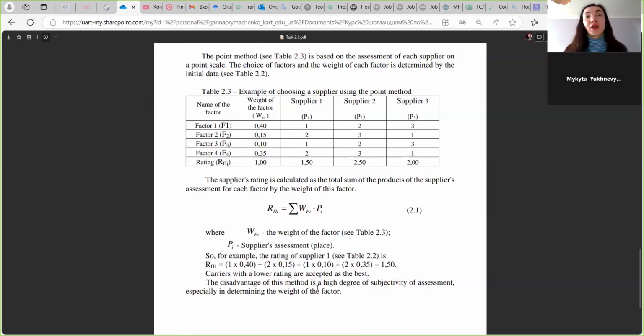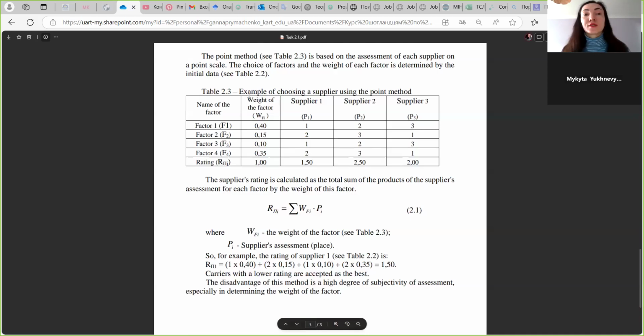I think we need time. It is all the information about the calculation method. So maybe I need to stop sharing and stop recording, and we could continue to calculate all ratings because we need a lot of time for it, and the supplier with the best rating will be the best for us.